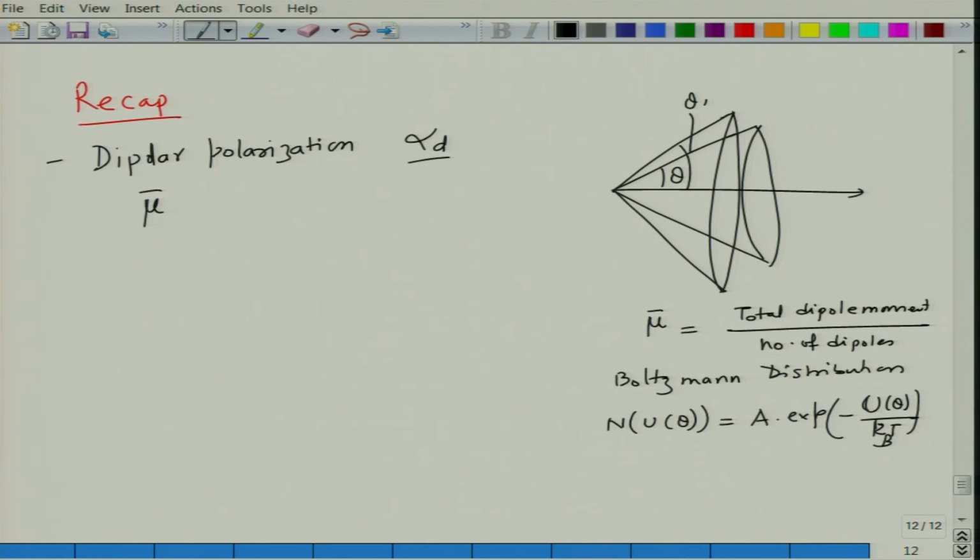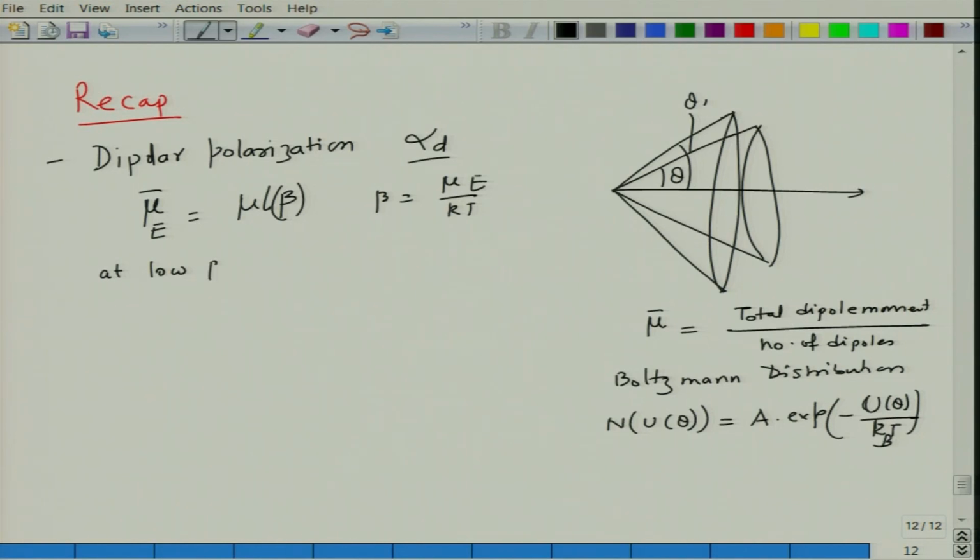The average dipole moment was calculated as mu times L beta, and this L beta is the Langevin function, where beta is equal to mu E divided by kT.